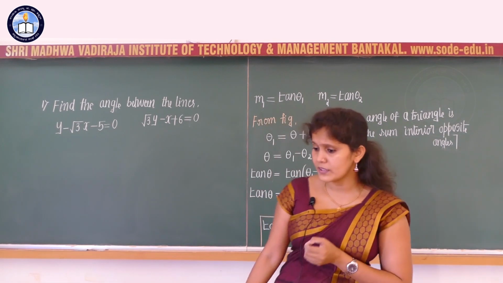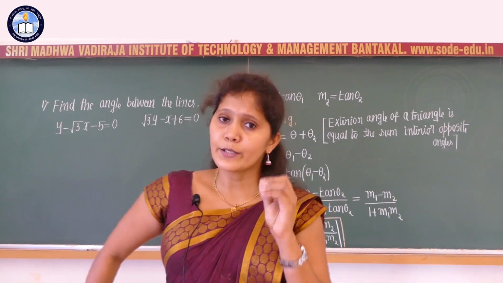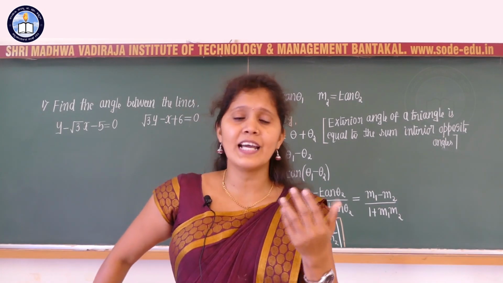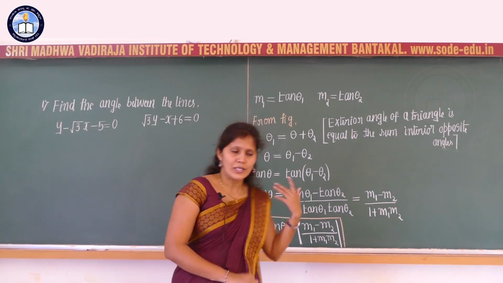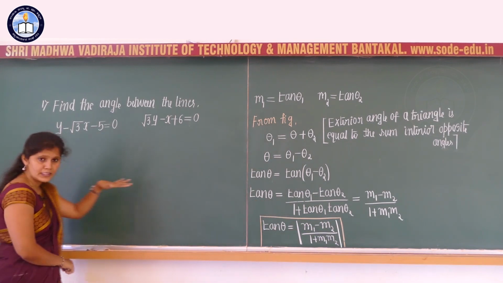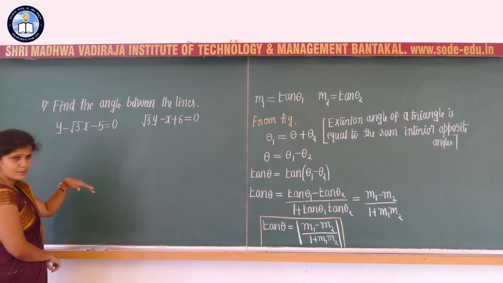And we have derived the formula for the acute angle theta between the two lines with the help of the slope intercept form. So I will try to write the given equations in the form of y is equal to mx plus c.